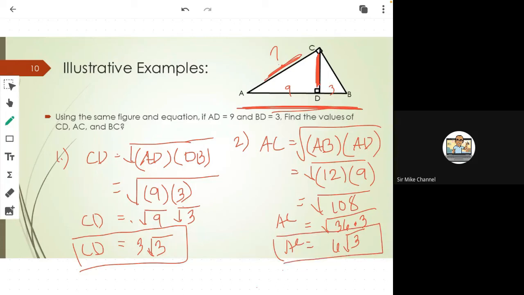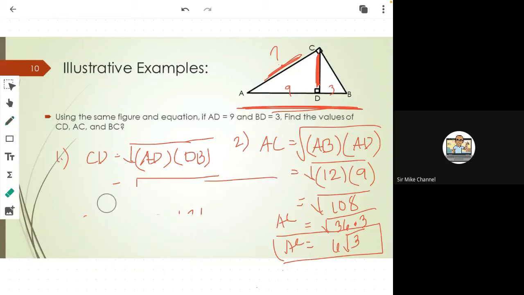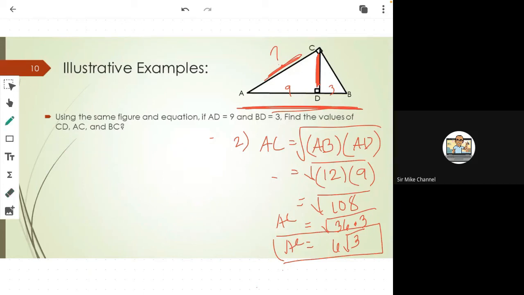Okay, next example. How about number 3? Wala nang space. Okay, number 3. So, burahin ko na yung number 1. Okay, 3 square root of 3 ang sagot natin kanina. How about number 3?